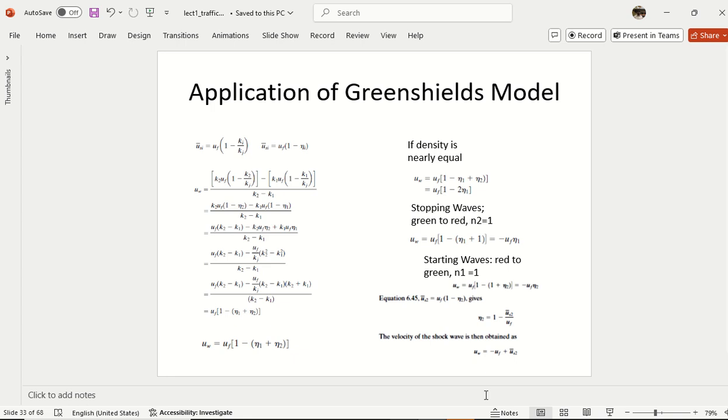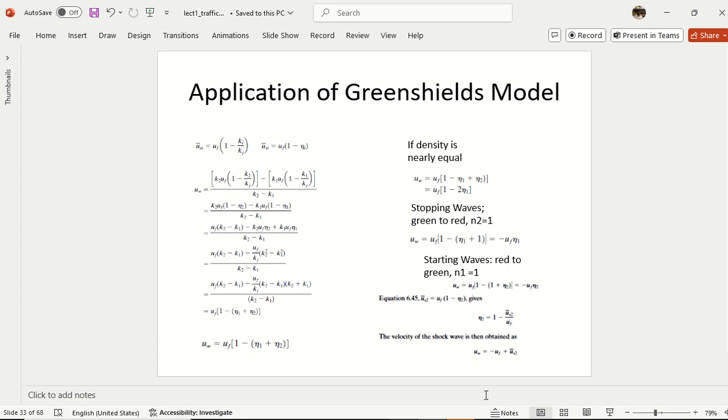Q equals density into speed, and Greenshield gives me the equation of speed. So I replace Q with K into U, and then U with the Greenshield equation. My final equation becomes the velocity of the shock wave equals this whole thing with etas. If the final and initial densities are the same, then the velocity of the shock wave equals this.